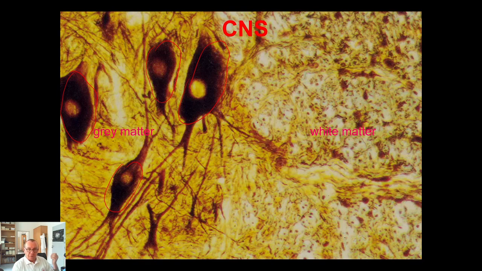There are also their processes, their dendrites, and also the proximal portion of their axons. There are also glial cells, already mentioned protoplasmic astrocytes, but also oligodendrocytes which myelinate the proximal parts of axons, or which myelinate axons of other neurons coming here from surrounding tissue.